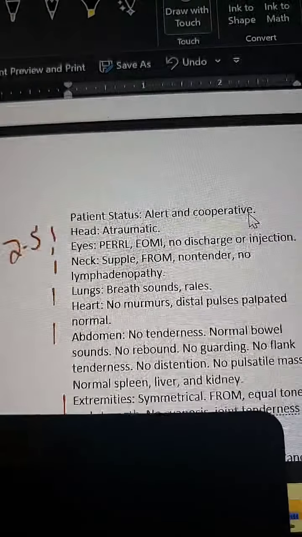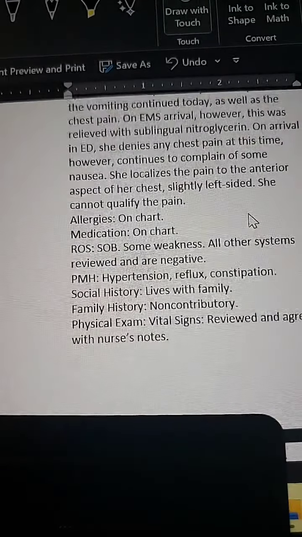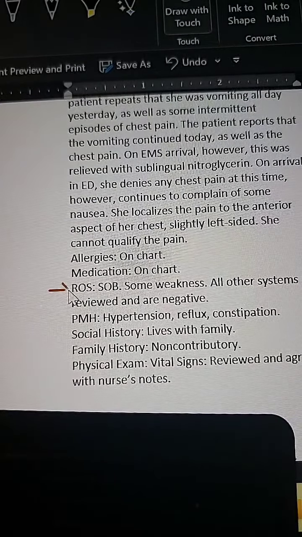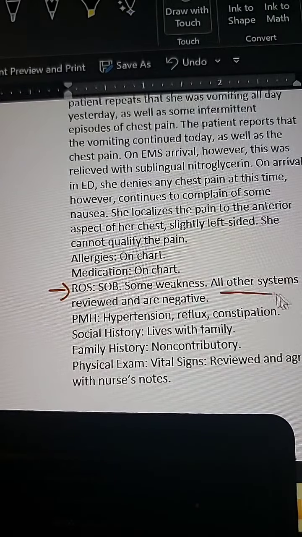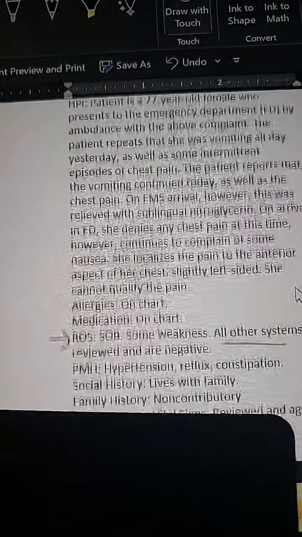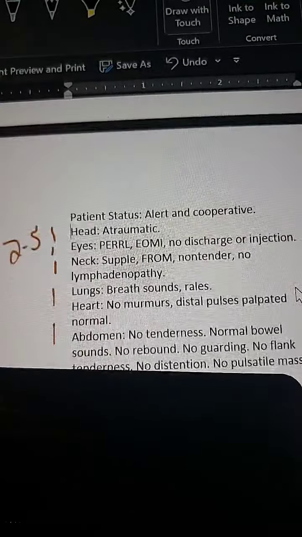And what that looks like when you're looking at a case is, of course, the review of systems was all done, and it said all systems. And then the PFSH is down here.